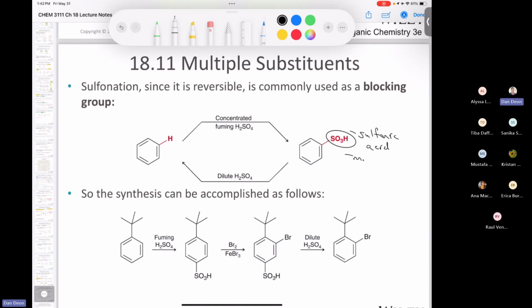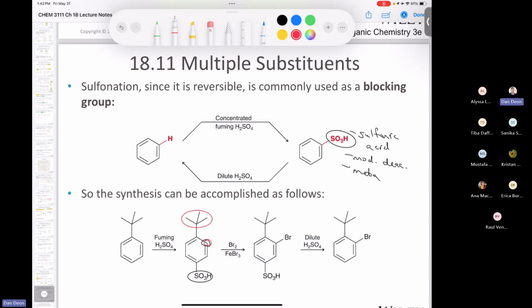It is a moderate deactivator, and therefore it's a meta-director. So what does that mean? It means that if we could install the sulfonic acid at the para position, the sulfonic acid is directing to the meta position, and the tert-butyl group is directing to the ortho position. So they're both directing to the same position.